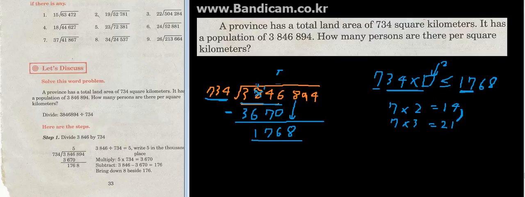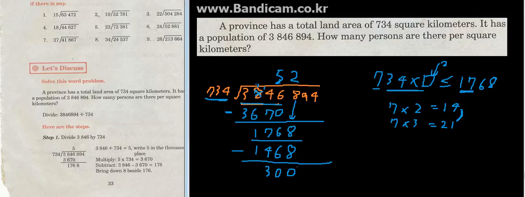Oops, maybe I made a mistake by erasing the 5. Now, let's place 2. 4 multiplied by 2 is 8. 3 multiplied by 2 is 6. 7 multiplied by 2 is 14. Now let's subtract. It becomes 300.